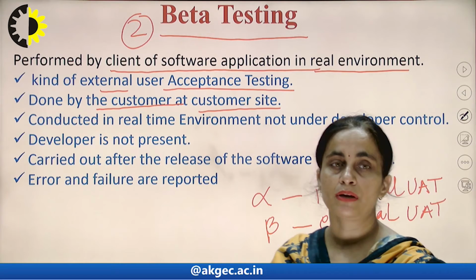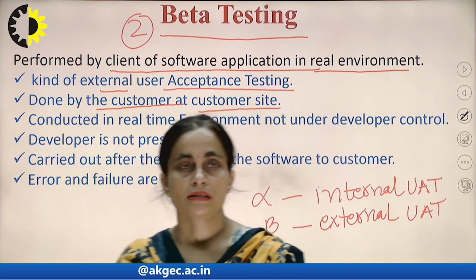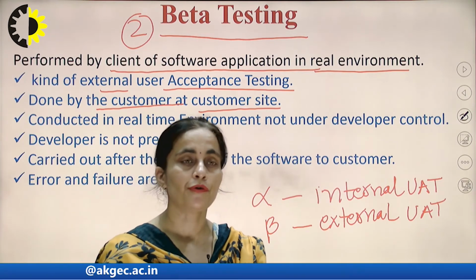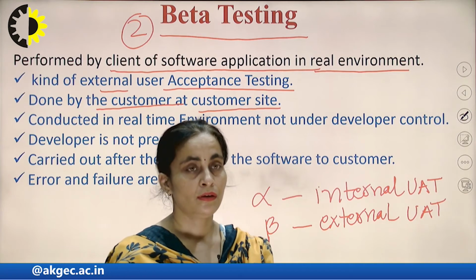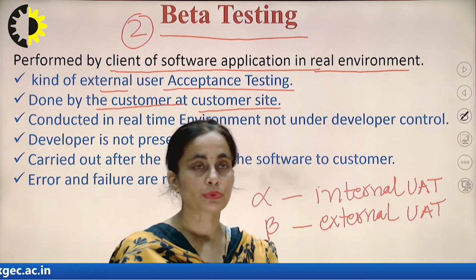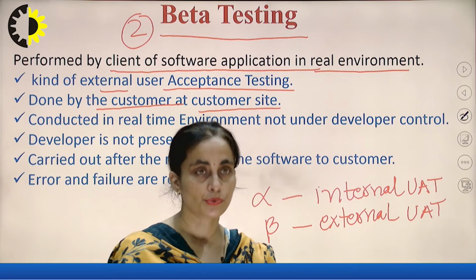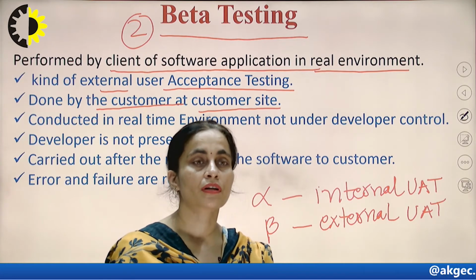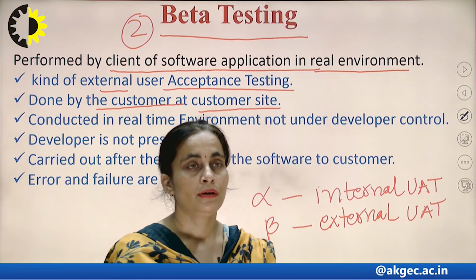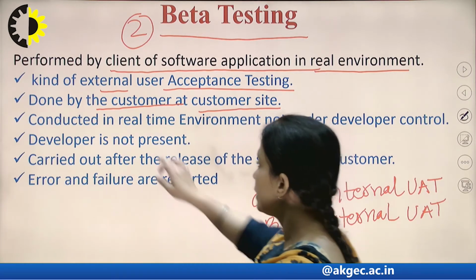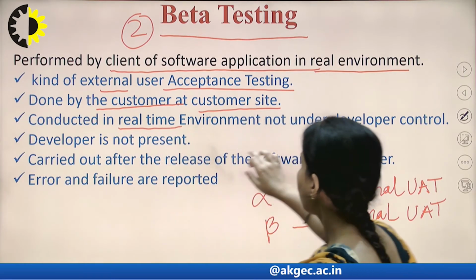Take the example of Yahoo Messenger. A beta version of Yahoo Messenger was released so that different users can check it, use it, and then report errors if there are any. It is conducted in a real-time environment.